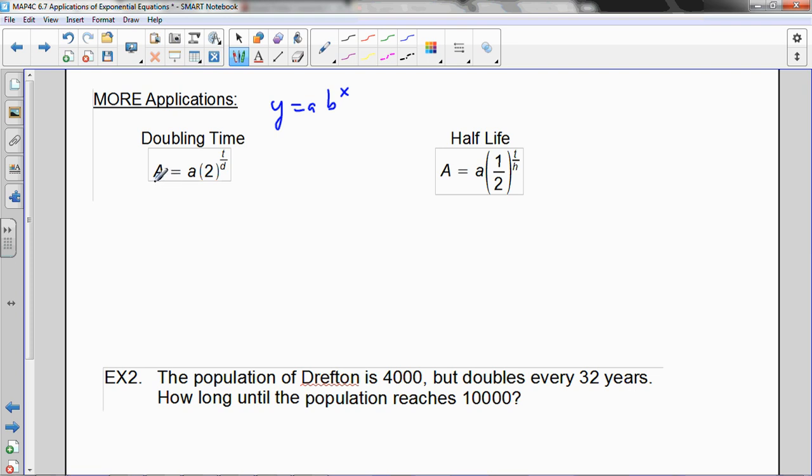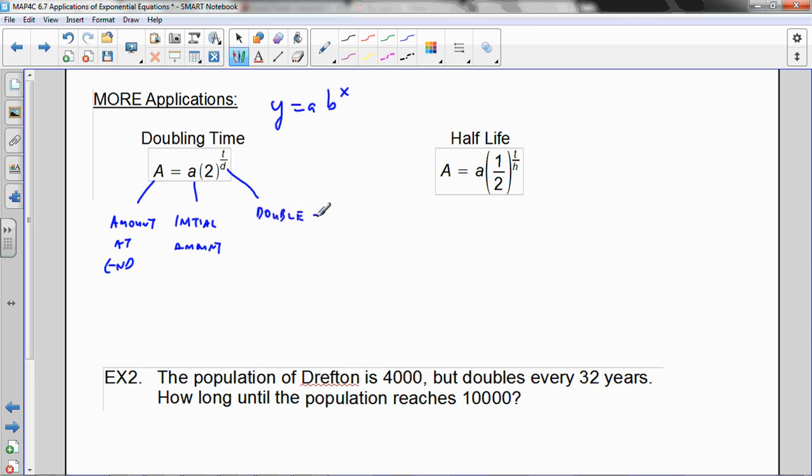As far as what these letters represent, A is the amount at the end, and that would be the amount of the population or the amount of the investment or whatever. Little a is the initial amount, just like it was before. 2 is the base. D is what's called the doubling time, and that's where this formula gets its name.